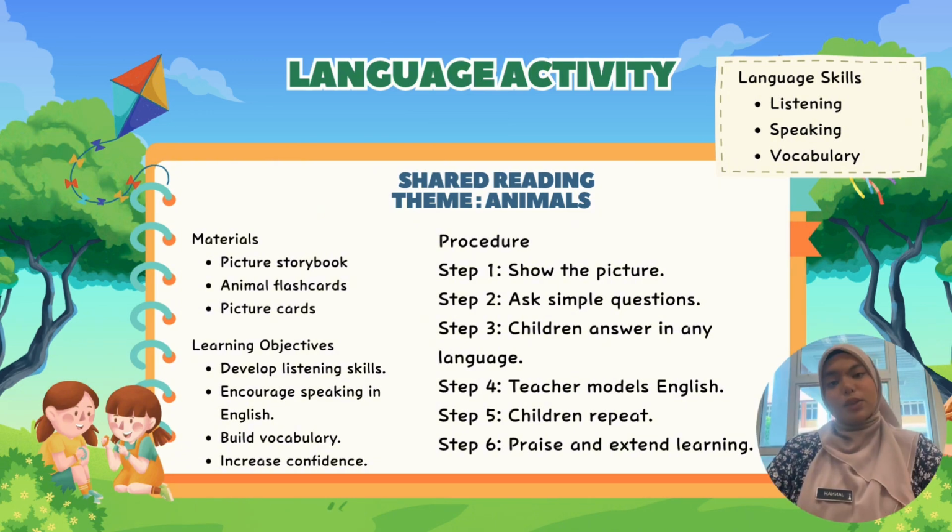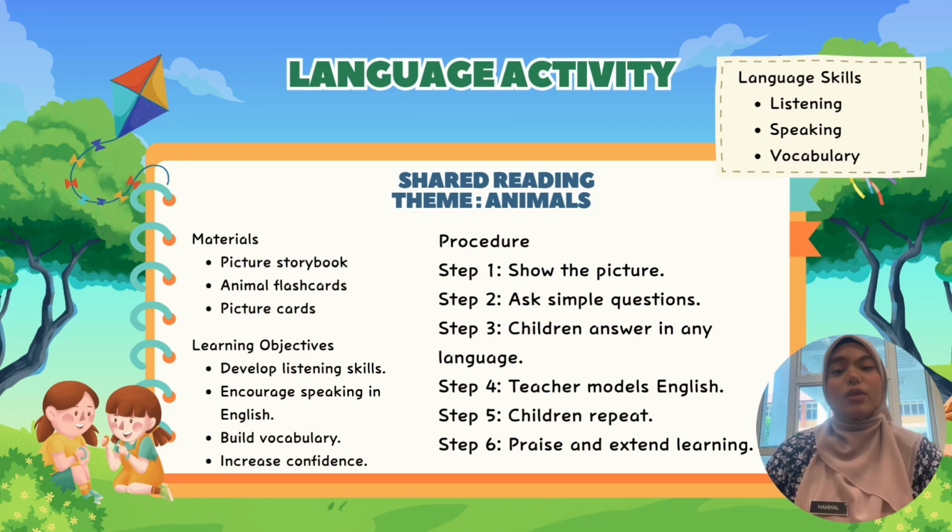And the last one is classroom interaction. Finally, I invite the children to repeat the English words together. For example, I may say rabbit and the children will say rabbit, and I say cat, they will say cat. Then I praise them by saying excellent and well done, guys.